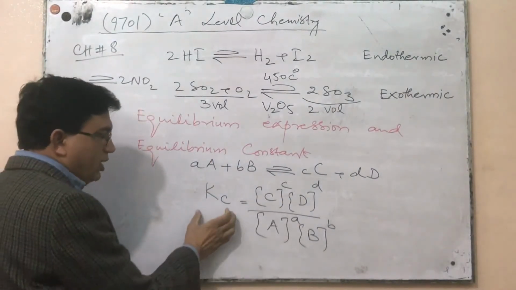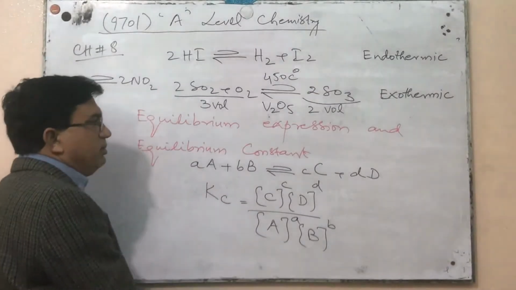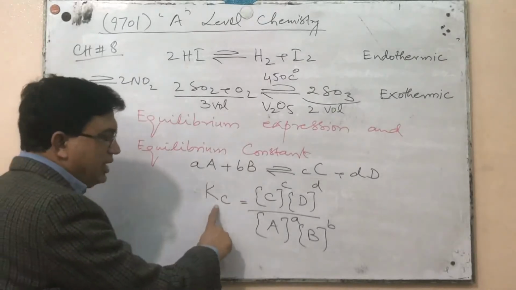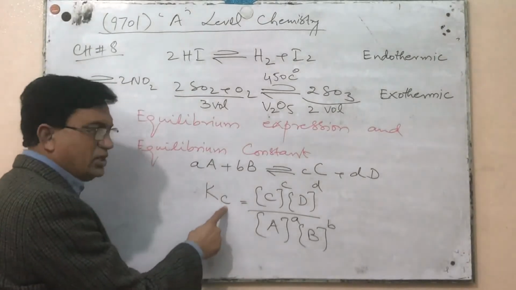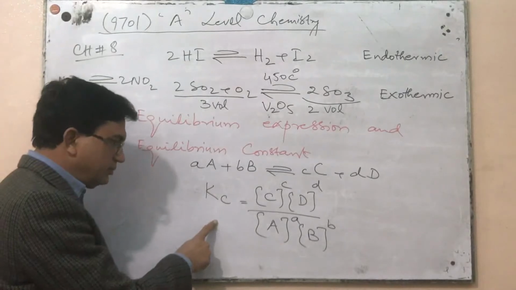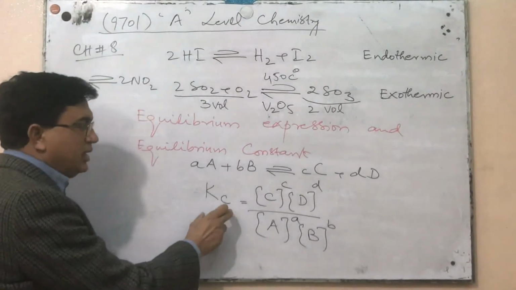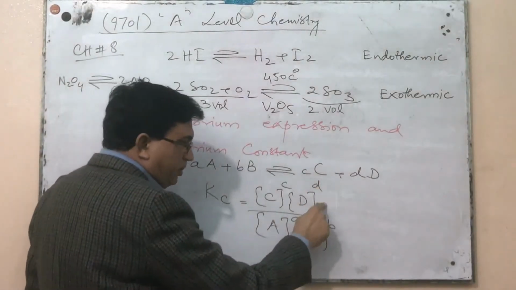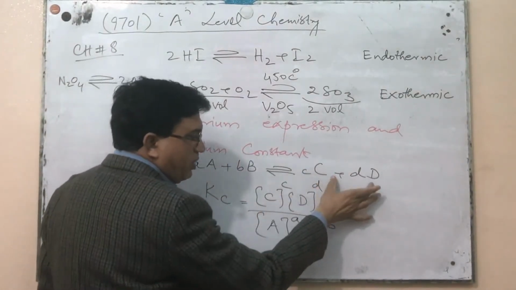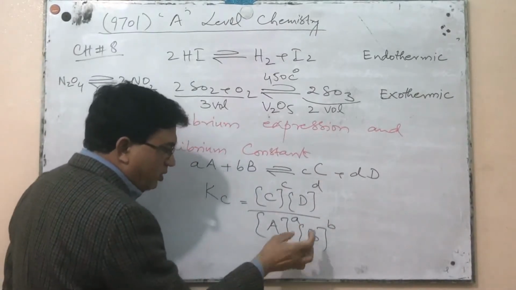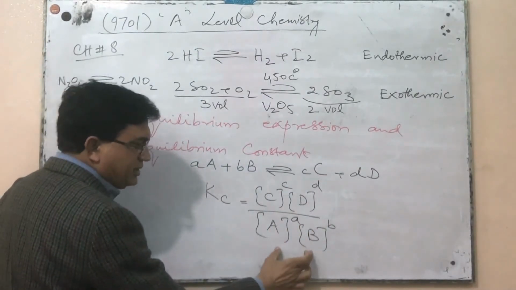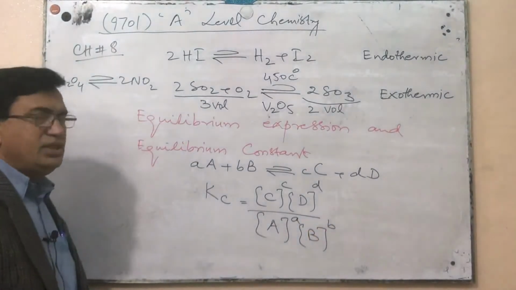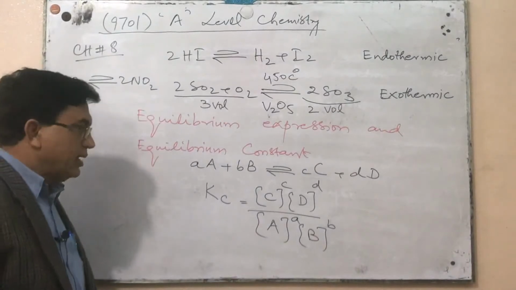Now, whenever we write the equilibrium expression with respect to the equilibrium constant, this is called Kc, and c stands for concentration. The equilibrium constant is equal to the ratio between the product of the molar concentrations of the products to the product of the molar concentrations of reactants, raised to the power of the number of moles of all these reactants and products.